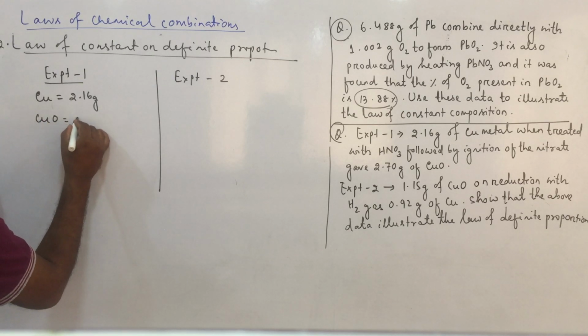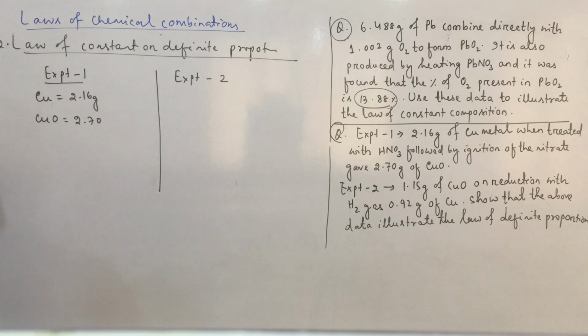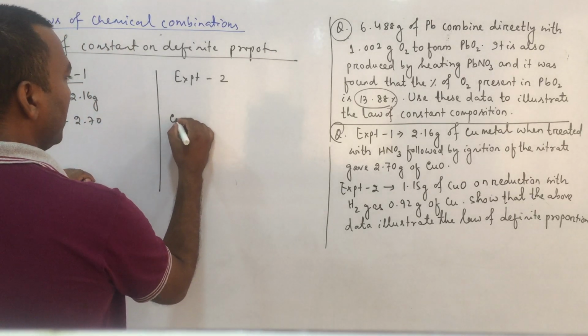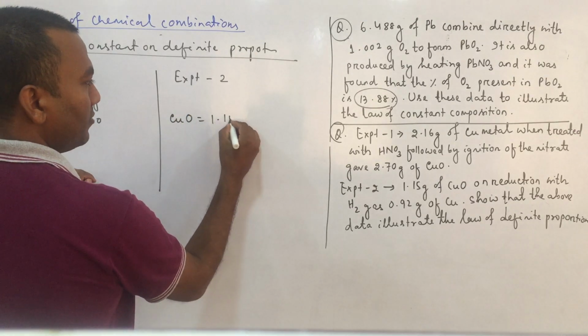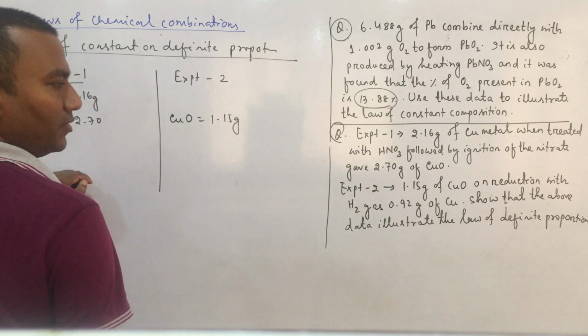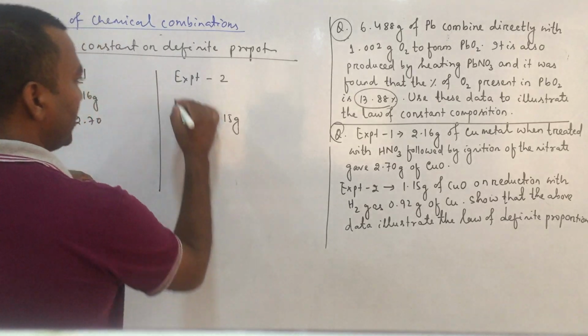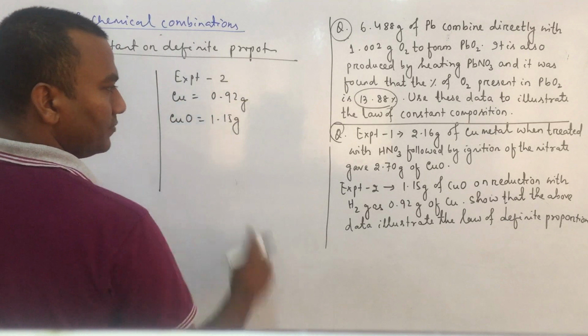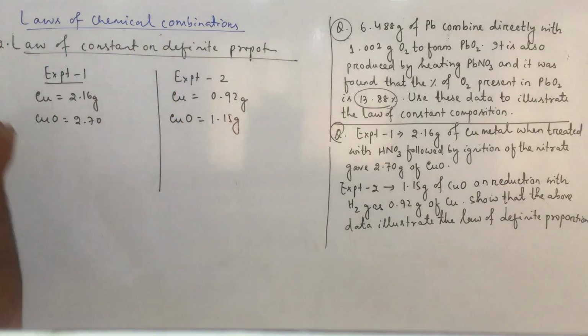Copper oxide mass is 2.70. Experiment 2, what is the copper oxide mass? Copper oxide mass is 1.15 gram. With hydrogen gas, what is the mass of copper given? Copper given is 0.92 gram. You have to justify this data with the law of definite proportions.